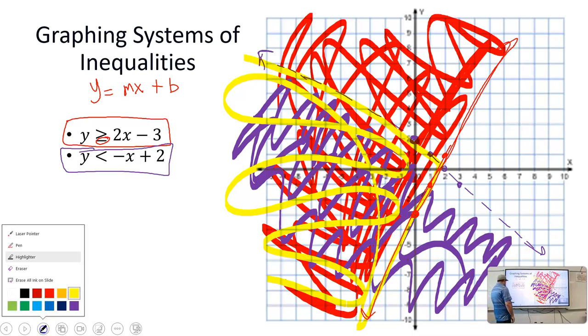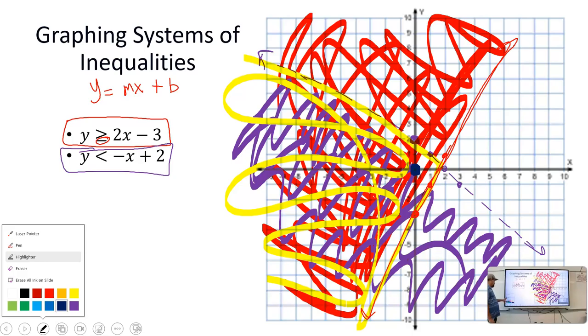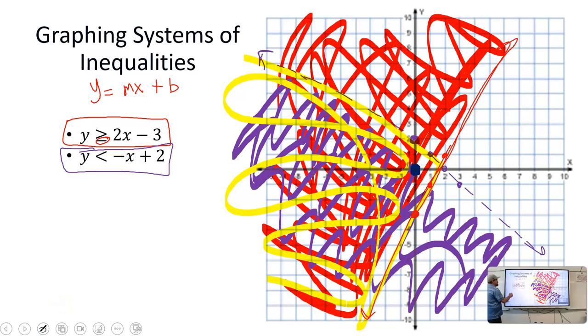So to find a solution, we're just going to pick a coordinate that is in both these highlighted areas. And guess what? Yay, (0, 0) is there. So all I would do is plug (0, 0) into both of these inequalities. In the top one, 0 is greater than or equal to 2 times 0 minus 3, so 0 is greater than or equal to -3, which is true.